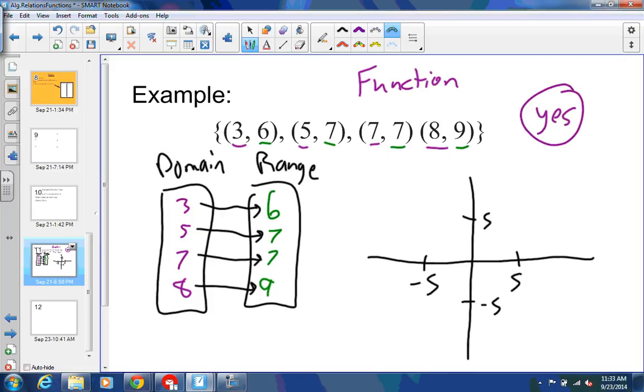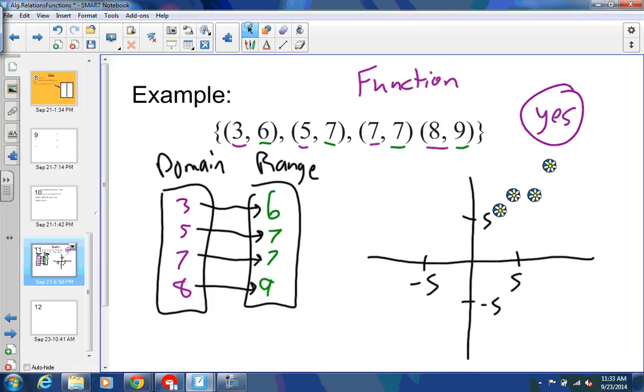And we'll plot 3 and 6. So about 3, 6 goes right there. It's a little flower. We'll plot 5 and 7. 5 over, 7 up, right there. We'll do 7 and 7. 7 will be right about here and up there. And then we'll do 8 and 9. 8 will be over here. 9 will be up there.